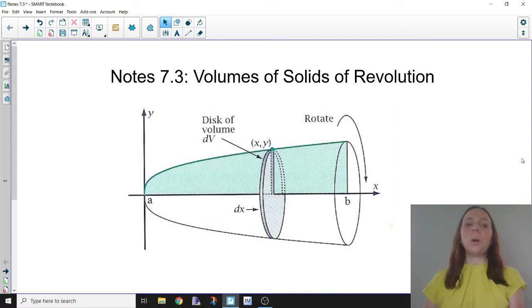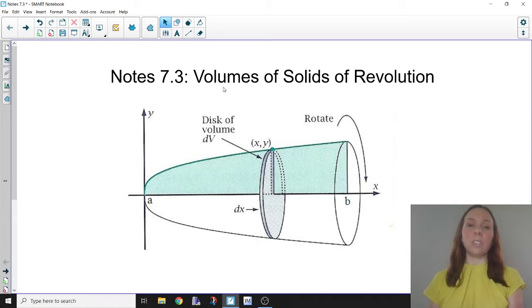Okay, so what we're going to talk about in this section, we are just going to touch on some simple examples of what are called disk method and washer method, which are methods that you will see for using integrals to find volumes of three-dimensional shapes like this. Okay, and what you're going to see is we're going to take a curve, the curve of a function, and we are going to revolve it about an axis.